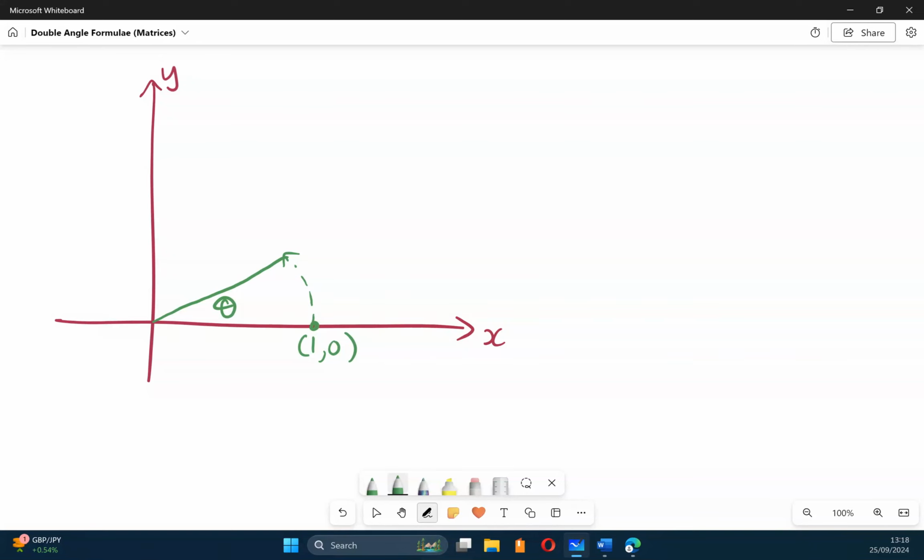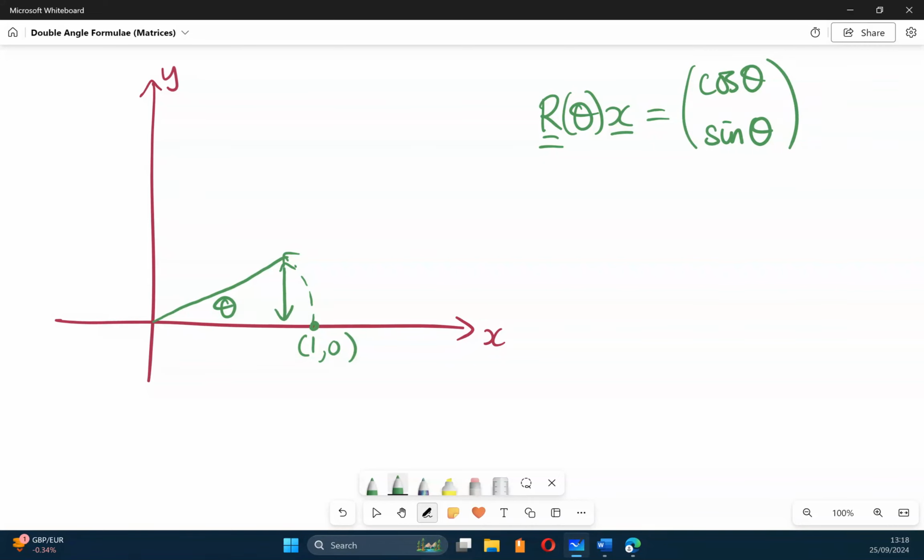Well, we know what happens when I rotate it anti-clockwise by theta. We get an x coordinate of cosine theta and a y coordinate of sine theta. So you can see here that this part will be sine theta, because by definition this is the y coordinate, and then the adjacent term, or the x coordinate here, would be cosine theta.